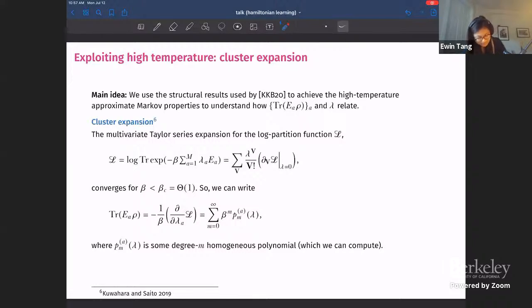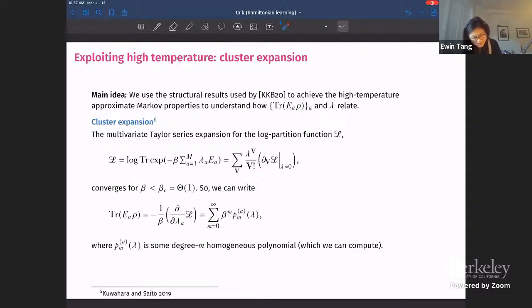And we use this argument known as cluster expansion. What this cluster expansion argument says is that if you take the log partition function, which I've written here, and then write its multivariate Taylor series expansion, which I've written here, although I haven't defined this notation, but it's fine, this Taylor series expansion converges in the high temperature regime.